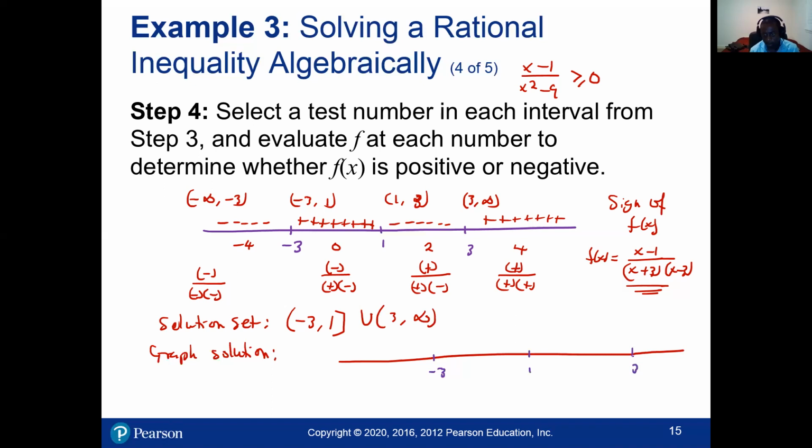So you have parentheses here going to the right, and then you have a bracket on 1, and you have parentheses on negative 3, because negative 3 and 3 are vertical asymptotes. Okay, so that gives us the solution set in the graph.